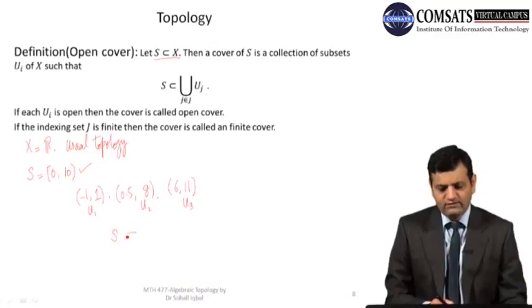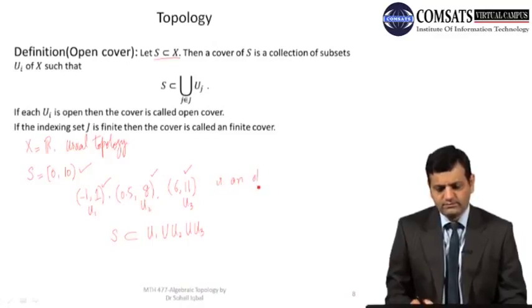So S is definitely contained in U1 union U2 union U3. So we can say that U1, U2, U3 is a cover of S. Since all of these three are open sets, we can say that this is an open cover of S.